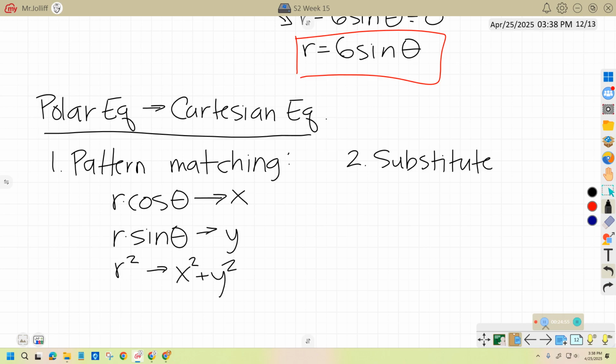Any guess what comes after substitute? Simplify, yeah, it was the next step in the last process. Except here it's our last. And the reason it's our last is that when we take equations that are originally in polar form and we try to put them in Cartesian, oftentimes they're not going to be pretty when we do y equals some stuff.